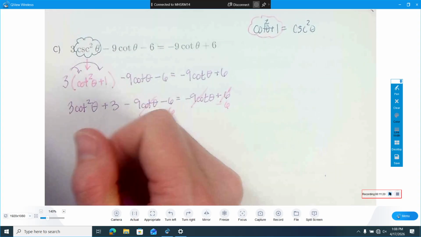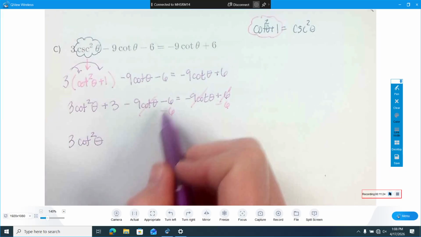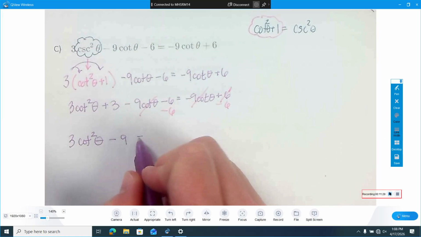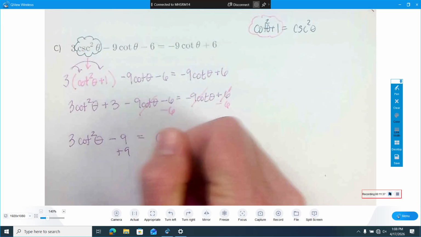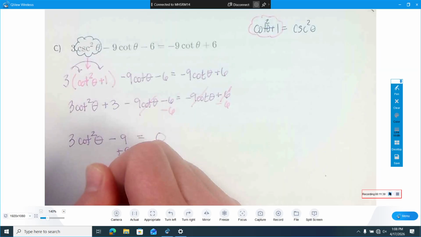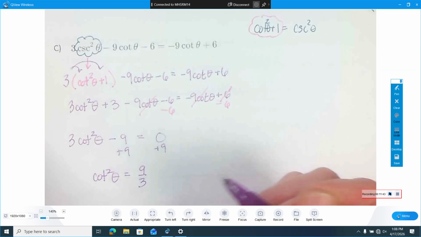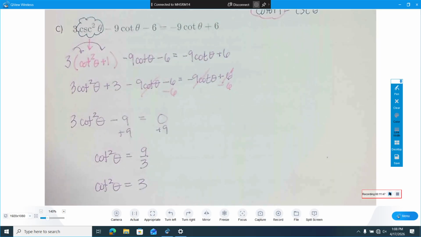So we have 3 cotangent squared theta. We have a negative 12 plus 3, which would be negative 9, equals 0. Add 9, and then divide by 3. So that gives us 3. So cotangent squared theta equals 3.